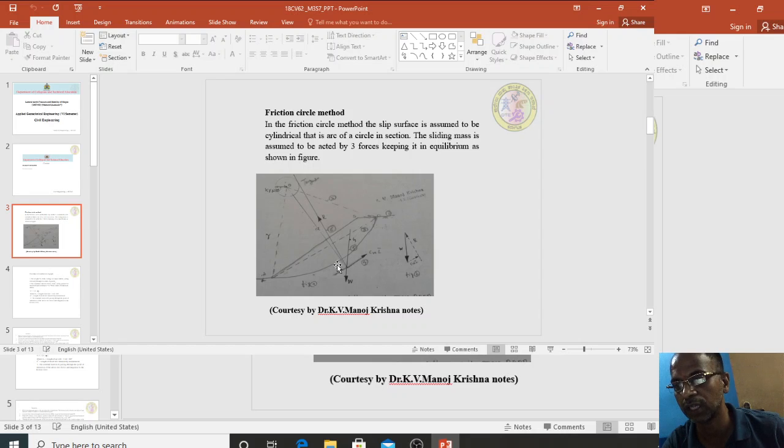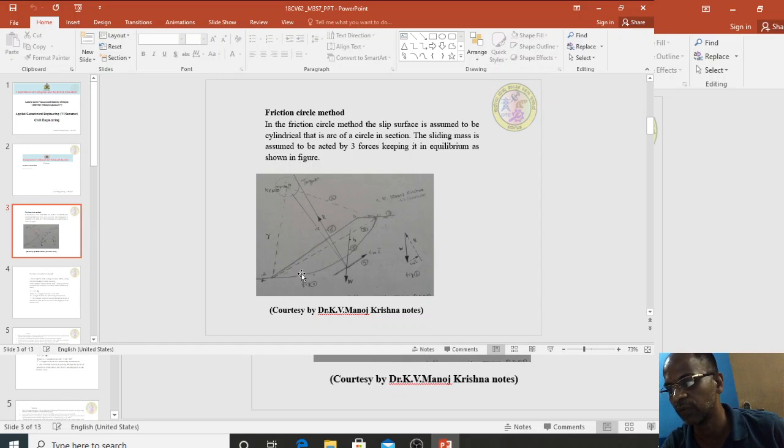In order to calculate the sliding soil mass W, ABDA, W is calculated by multiplying the density of the sliding soil mass with its volume.